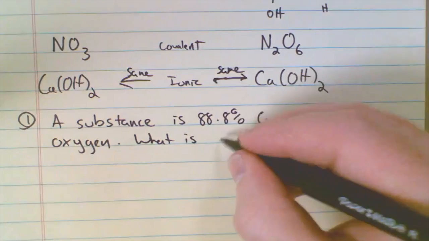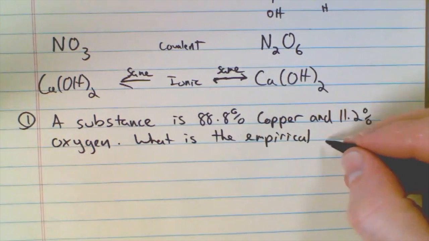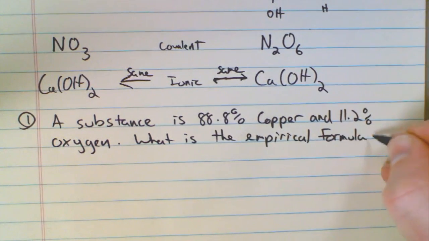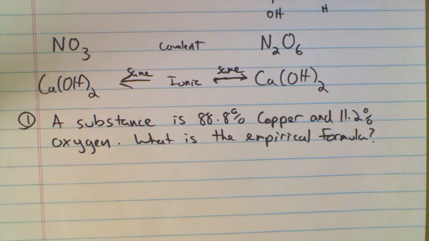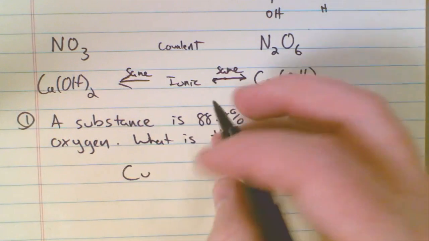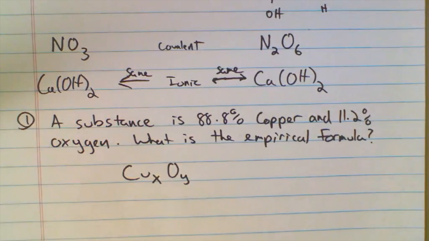What is the empirical formula? So basically, we want to figure out what these subscripts are going to be, what X and Y are going to be here. So we know we've got 88.8% copper, 11.2% oxygen, but what's the formula going to be?